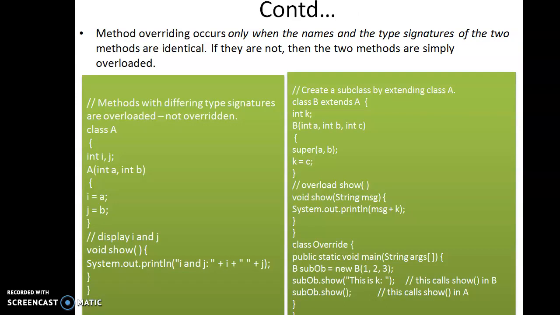Method overriding occurs only when the names and the type signatures of two methods are identical. If they are not, then the two methods are simply overloaded. In method overriding, both the method name and signature should be the same.